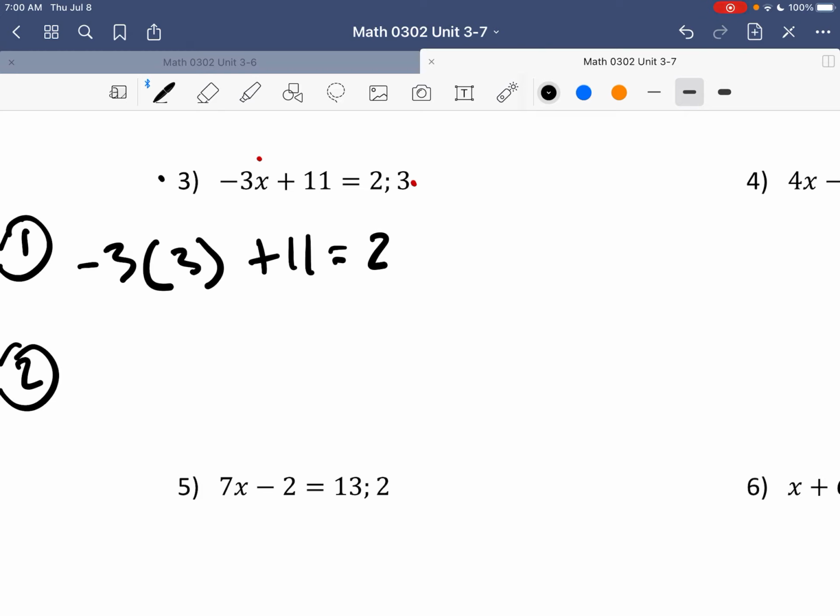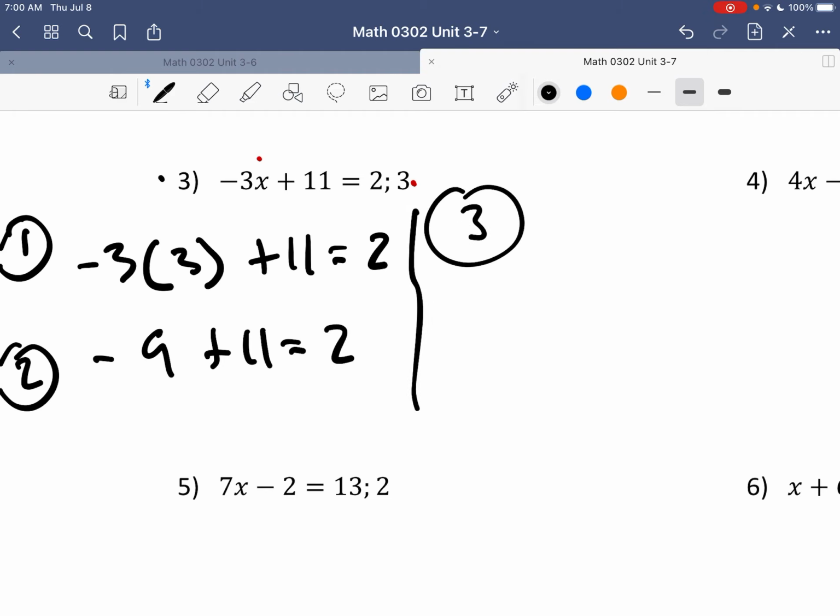Part 2, let's start the simplification. Negative 3 times 3 is minus 9, plus 11 equal to 2. In the last part, we'll combine the like terms, or finish the arithmetic.